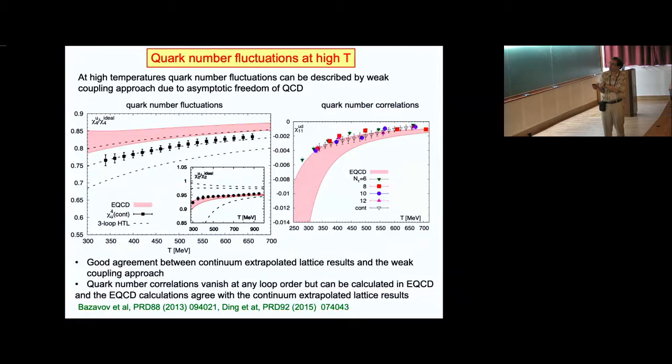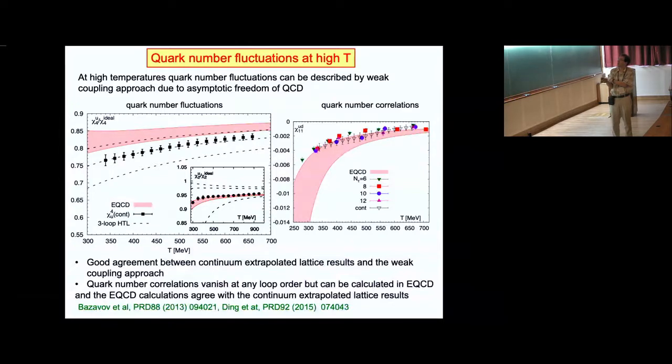The EQCD result seems to be a little bit higher. Now, if you go to the second order fluctuation, it's kind of vice versa. The EQCD result seems to be very close to the lattice results, and the HTL, of course, has a larger uncertainty band. Within this large uncertainty band, it's compatible with the lattice.